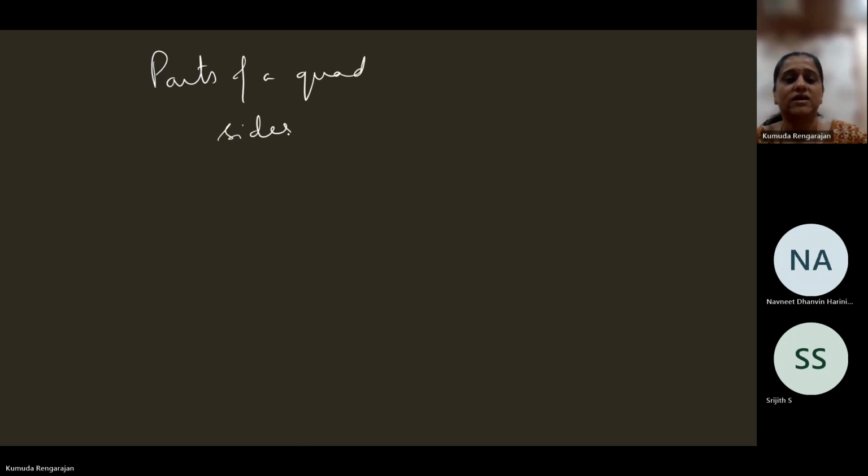I was telling you parts of a quadrilateral: sides, angles, vertices, diagonals.